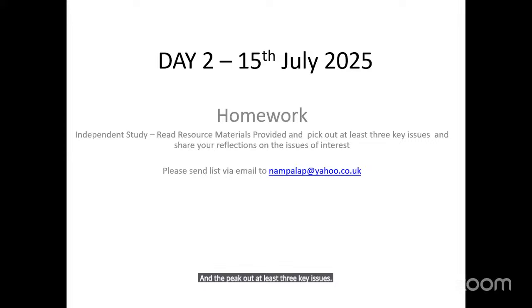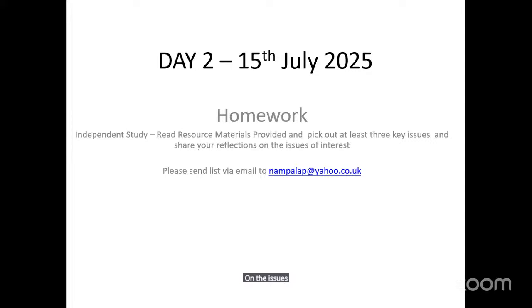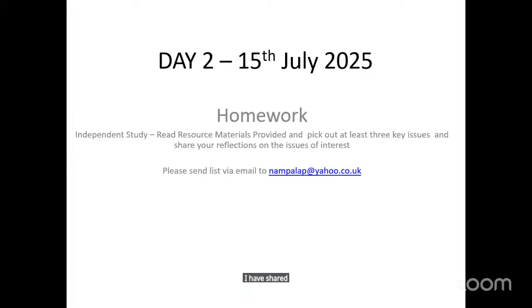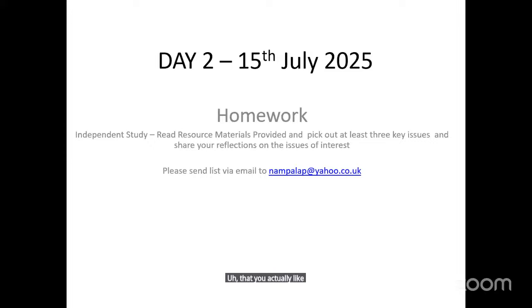And we expect that you should be able to share your reflections on the issues of interest that you've picked out. It could be something you don't like. I have shared, for example, how to avoid plagiarism and so on. Or it could be something that you actually like. So pick out 3 issues. Again, feel free to share them with me on my email. And we'll pick it up from there.